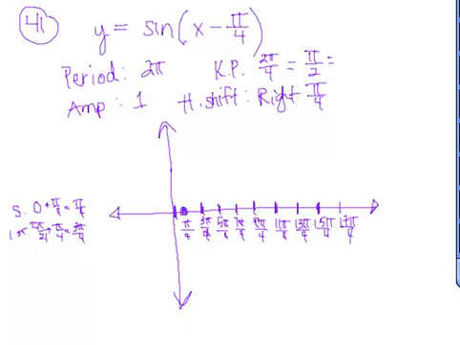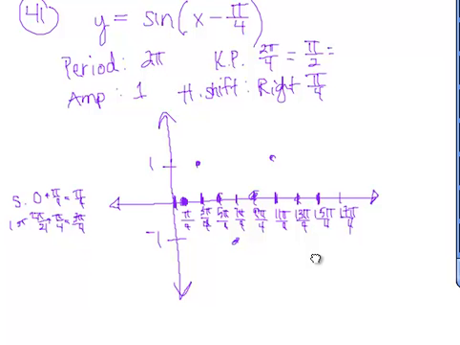Then my amplitude goes up as far as 1, and then down as far as -1, and then up, center, down, center, up, center, down, center. And there is now my sine function shifted slightly to the right.